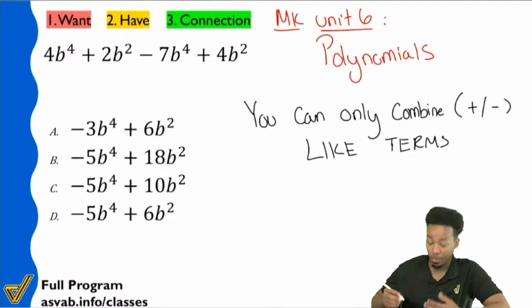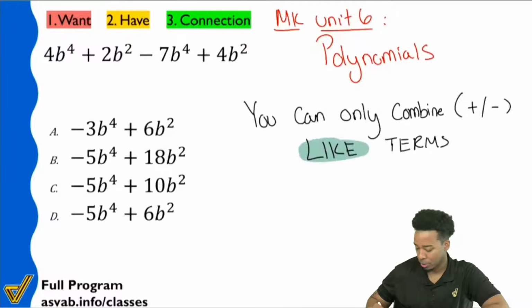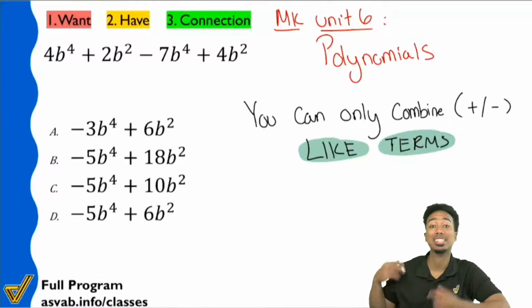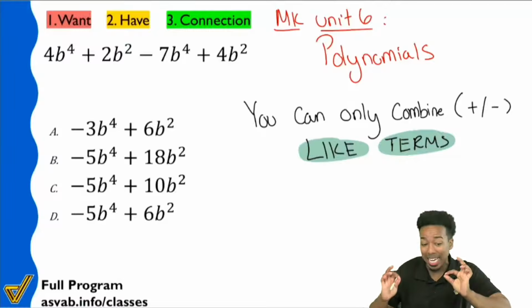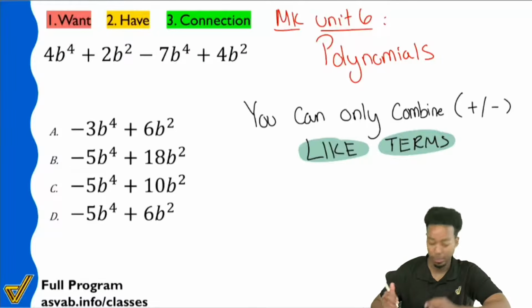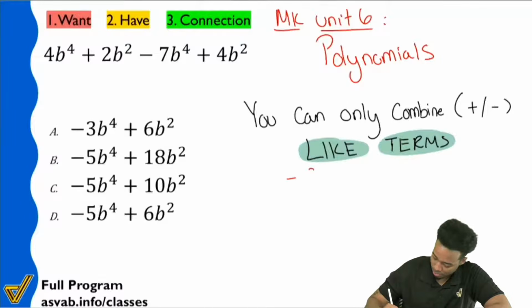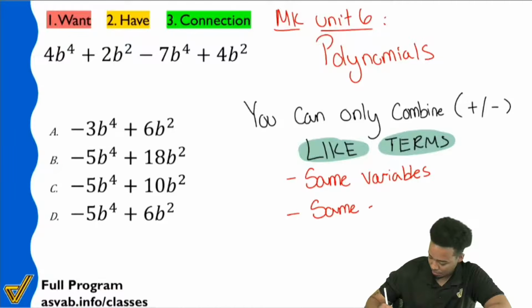So again, what are like terms? Let's go ahead and make sure that this is very clear. Like terms are terms that have the same variables and the same exponents. So right over here, same variables, same exponents.